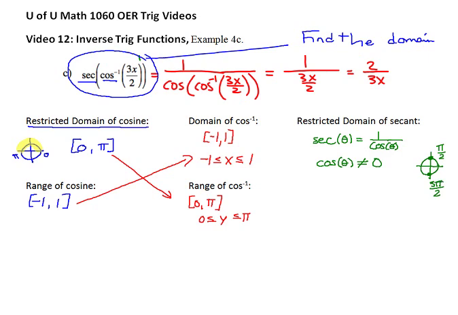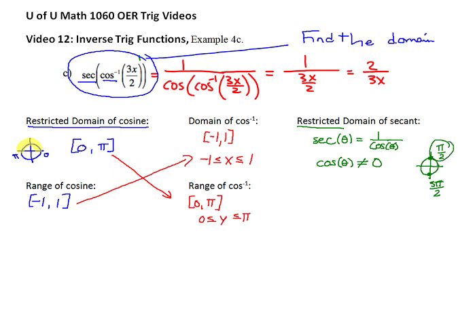However, note this word restricted. I'm going to have the same restriction that I had for cosine. So the only place where cosine equals 0 with inputs 0 to pi is right here at pi halves.